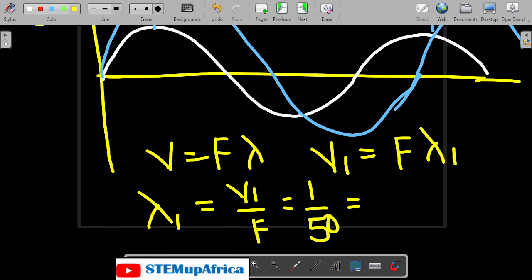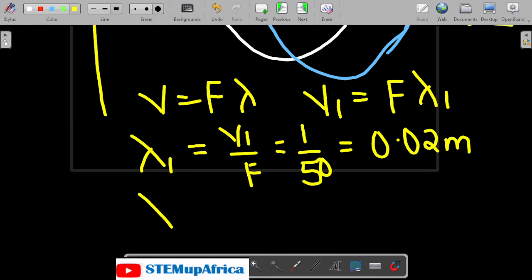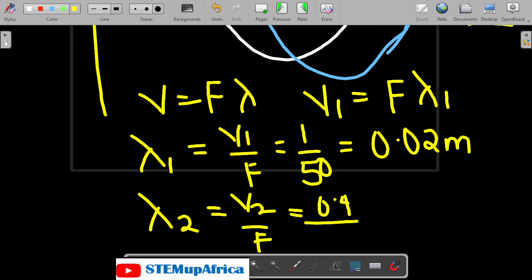The answer will give us 0.02 meters. For the second wavelength, lambda 2 will be v2 over f. v2 is 0.4, frequency is 50. What are we having?